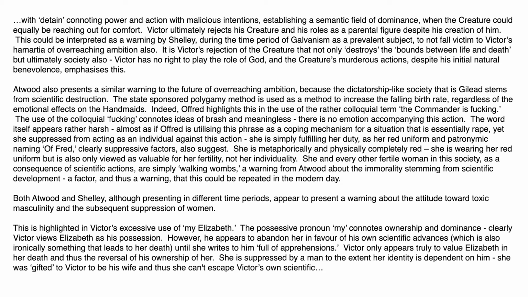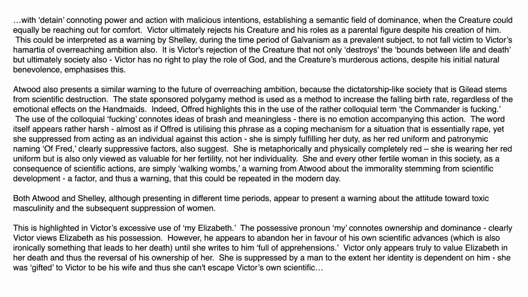However, he appears to abandon her in favour of his own scientific advances, which is also, ironically, something that leads to her death, until she writes to him full of apprehensions. Victor only appears truly to value Elizabeth in her death, and thus the reversal of his ownership of her.